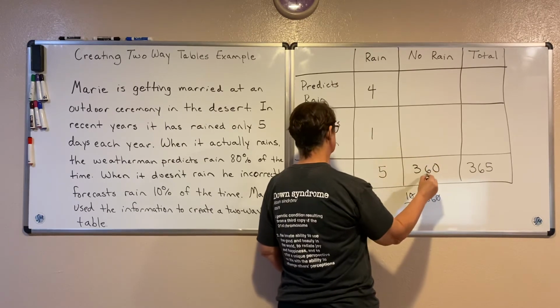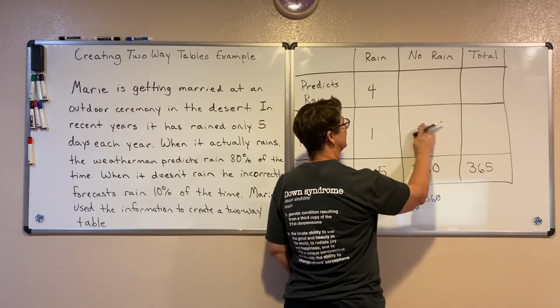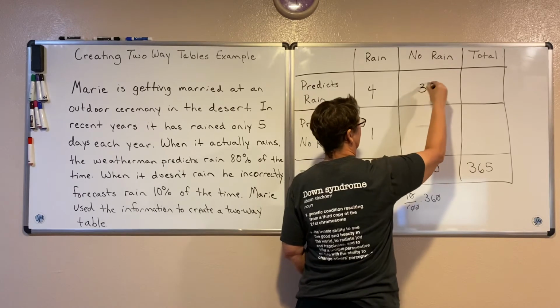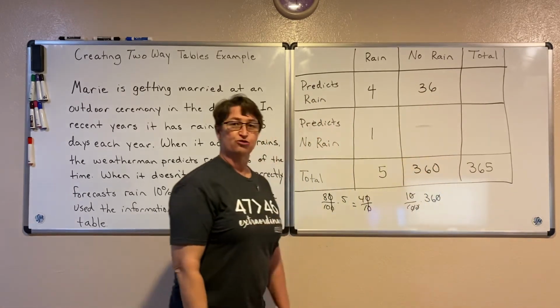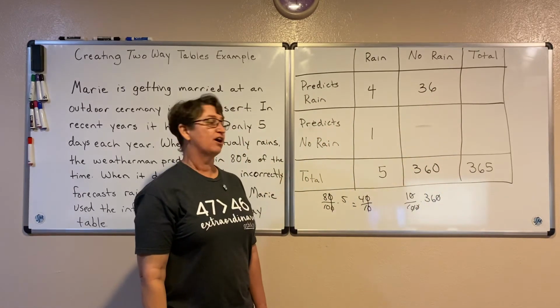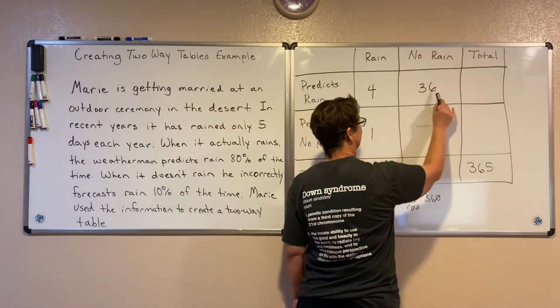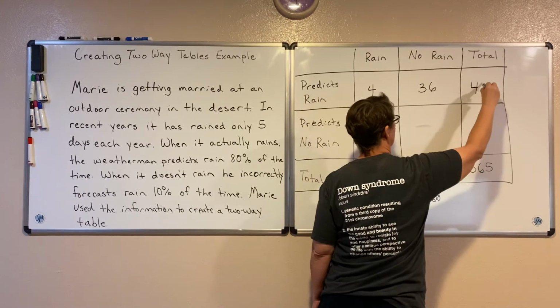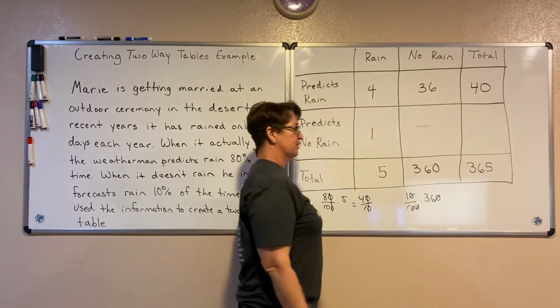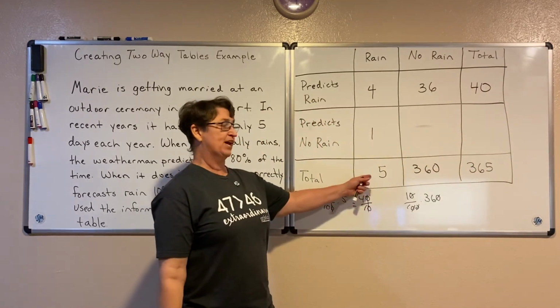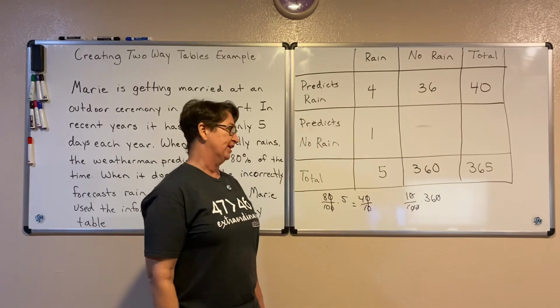So 36 days, he's going to say that it does rain. 36 out of those 360 days, he says it does rain. So throughout the year, he says it rains a total of 40 days. Even though it only rained 5 days, he predicted rain 40 days.